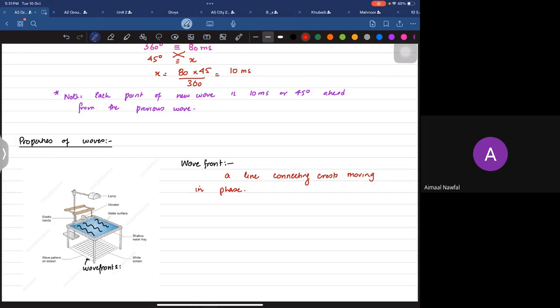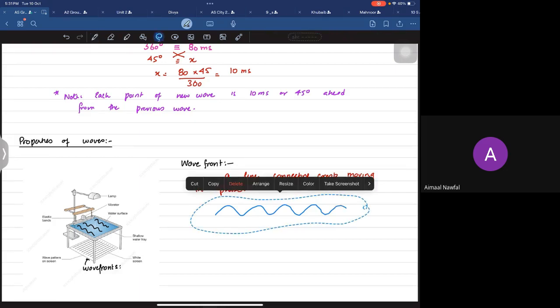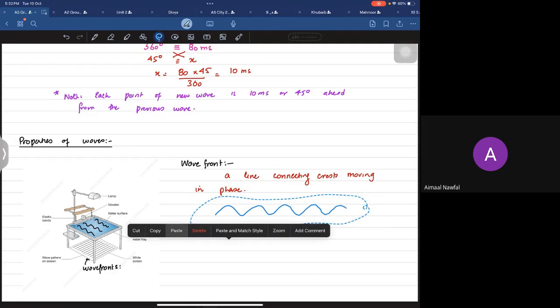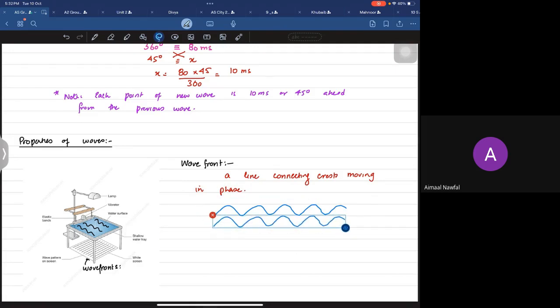There are a couple of things you need to remember. If you see a single wave, and another wave, many waves are generated together.